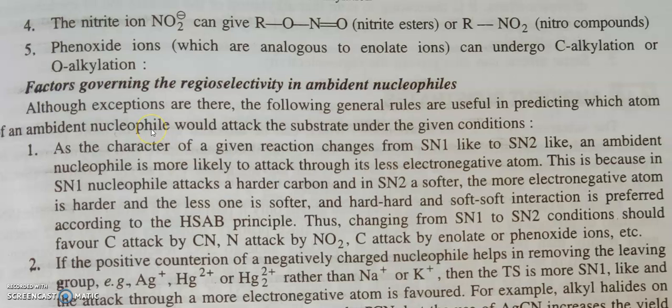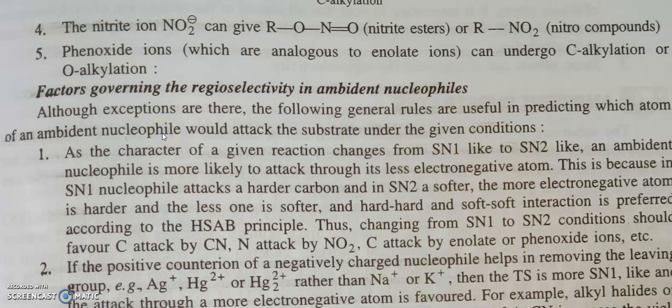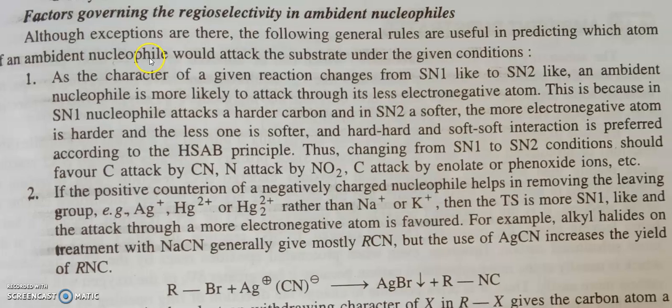Now my friends, the factors governing regioselectivity in ambident nucleophiles. You know, exceptions are always there. The following general rules are useful in predicting which atom of an ambident nucleophile would attack the substrate under given conditions.